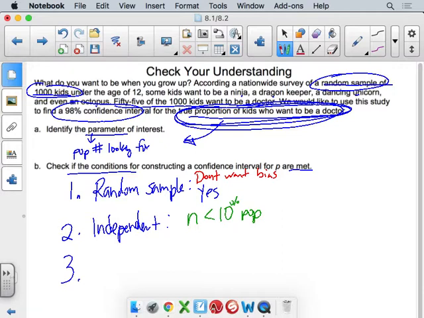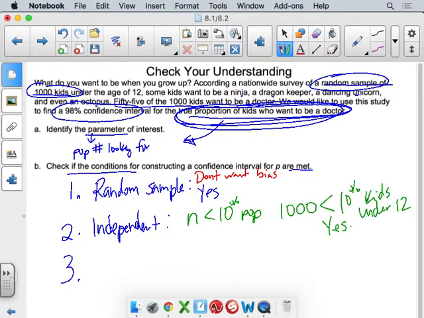Our sample size is 1,000. Is 1,000 less than 10% of kids under 12? I would say yes to that. There's probably more than 10,000 kids under the age of 12. There actually is guaranteed more than that.